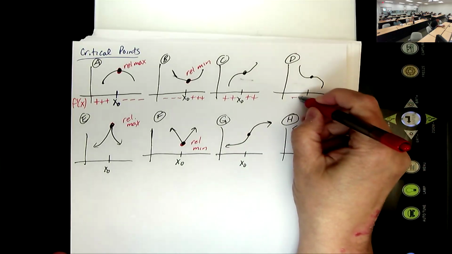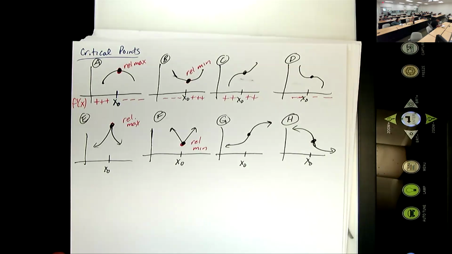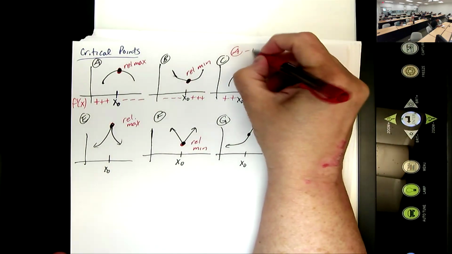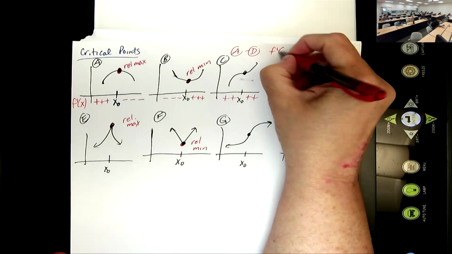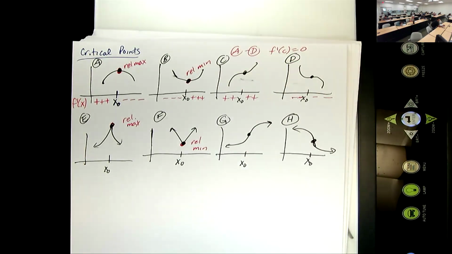Both negative. And on all four of these top ones, A through D, f prime of c equals 0. The slope exists, but it equals 0 there.